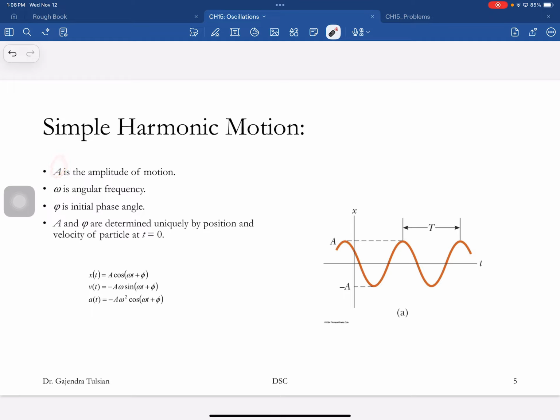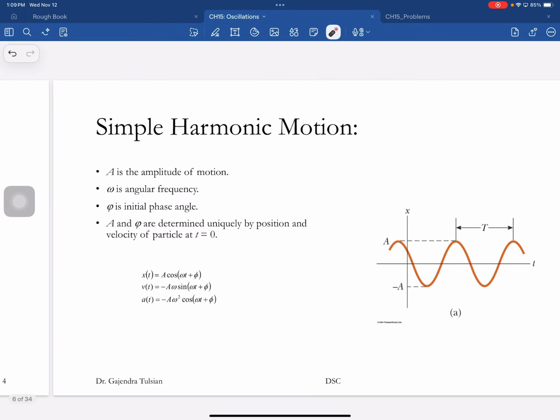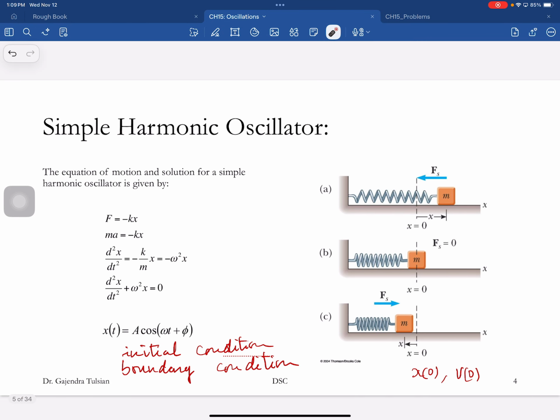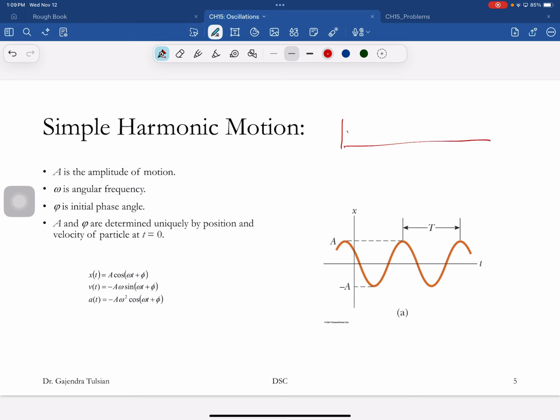A is called the amplitude of the motion. That is the maximum distance it goes from its equilibrium position. If you pull the mass aside that distance, this is called the amplitude.